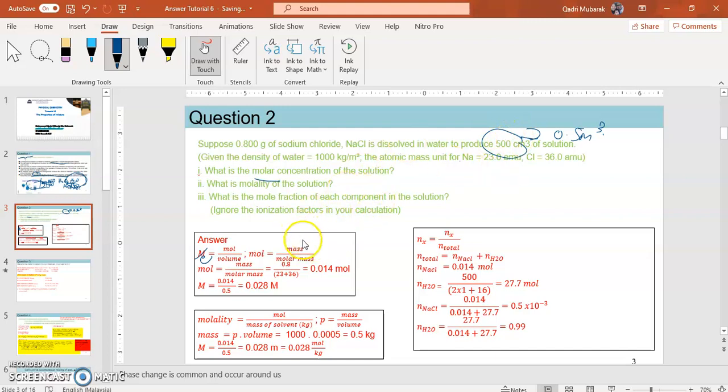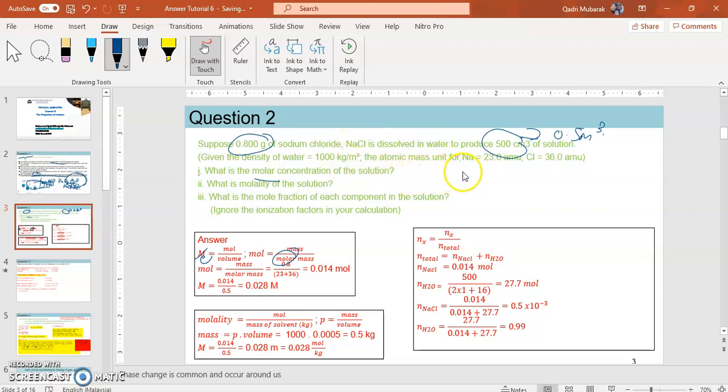And then we know that our mole is equal to mass over molar mass. So first thing first, from the information we can find the mole of sodium chloride, where we have 2.8 gram. We put it here, and then we need to find its molar mass. So we know that the molar mass is the molar mass for NaCl.